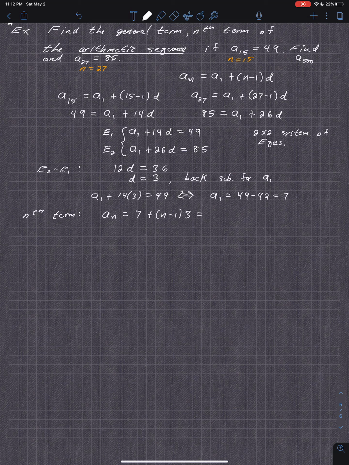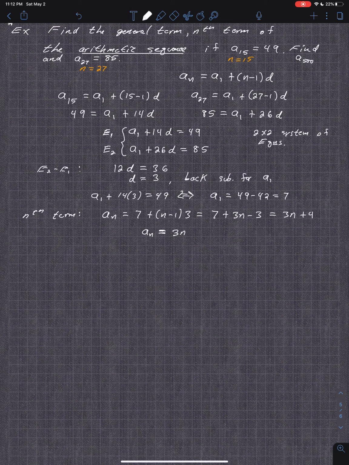So distribute the 3, combine like terms, etc. So you get 7 plus 3n minus 3 equal to 3n plus 4. And so that's a sub n, that's your nth term, that's your function that determines each term of the sequence.